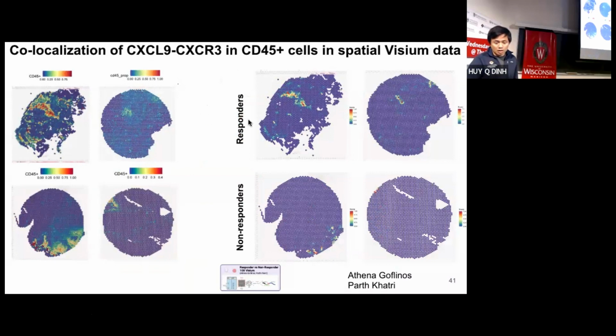And when we use the co-expression score, we see more colocalization of CXCL9 and CXCR3 in the immune cells from the patients who respond than the non-responders. So you can see this is not a lot, right?